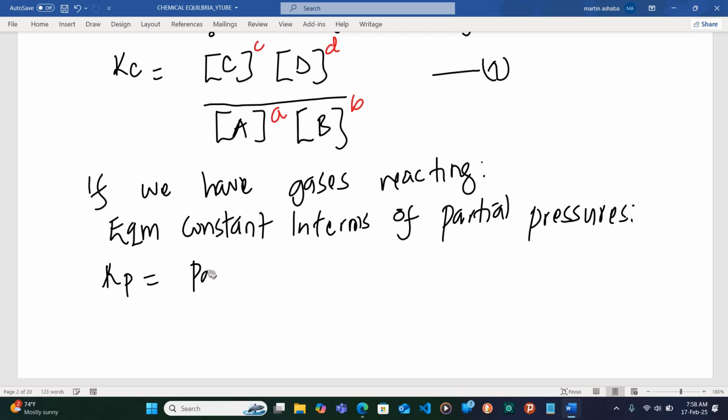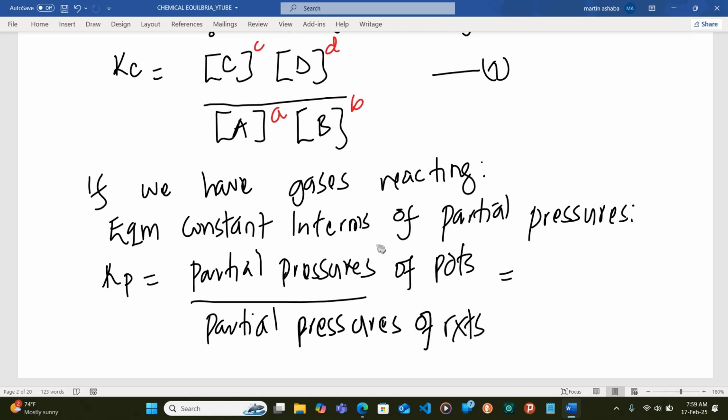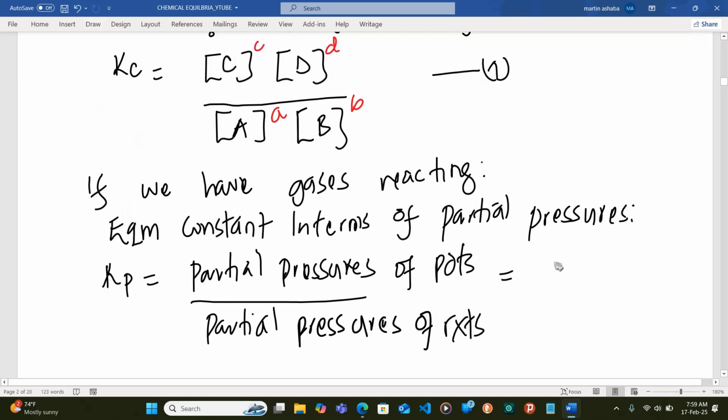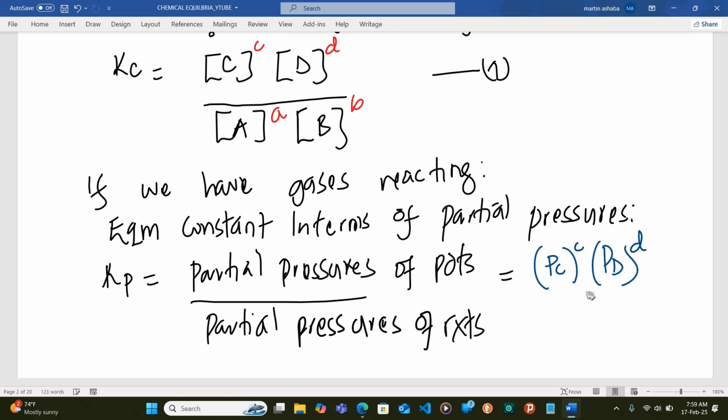Obviously we need to raise them by the respective stoichiometric factors. So this is going to be Pc to the power c times Pd to the power d divided by Pa to the power a times Pb to the power b.